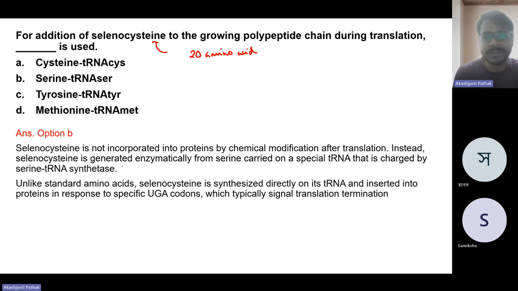So this serine tRNA synthetase will recruit serine, and then this serine is chemically modified into selenocysteine.